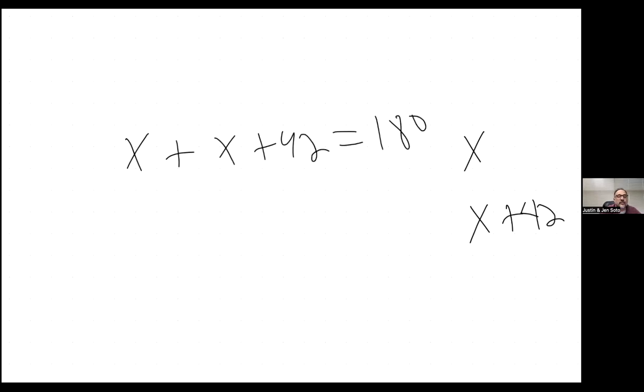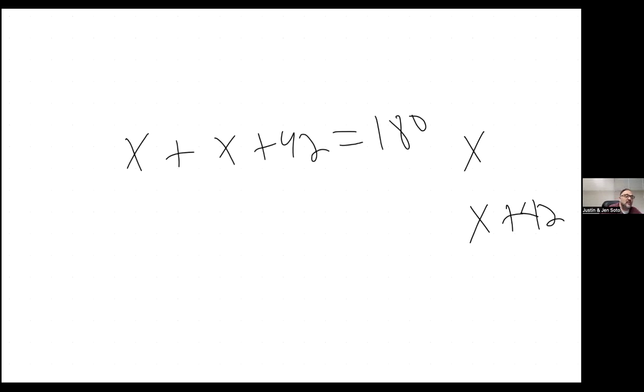Let's see if we can figure this out. The supplement of an angle, we'll call it X, plus 42. Find the angle. So an angle plus the supplement plus 42 is going to equal 180, right? This is number 19. It says the supplement of an angle is 42 degrees more than the angle.